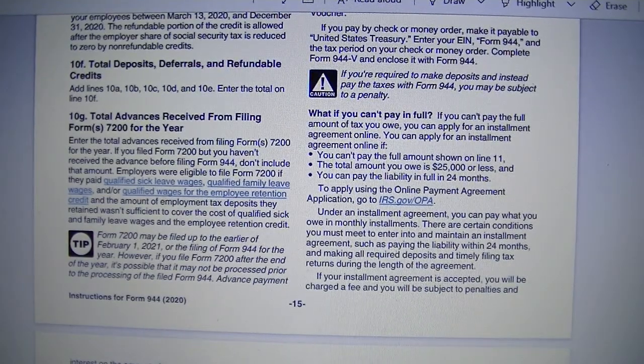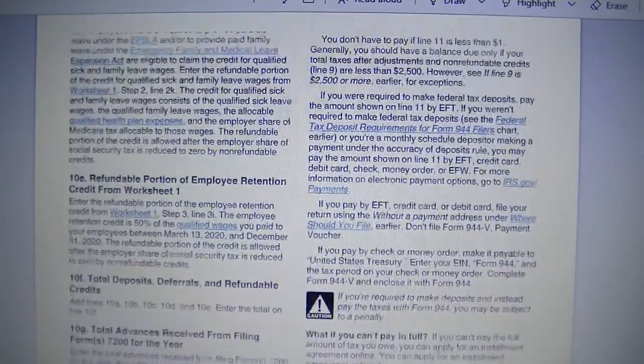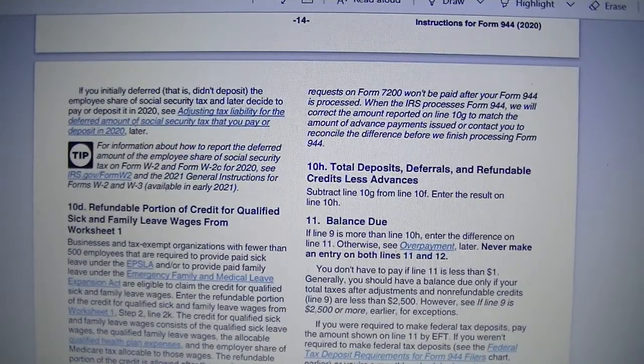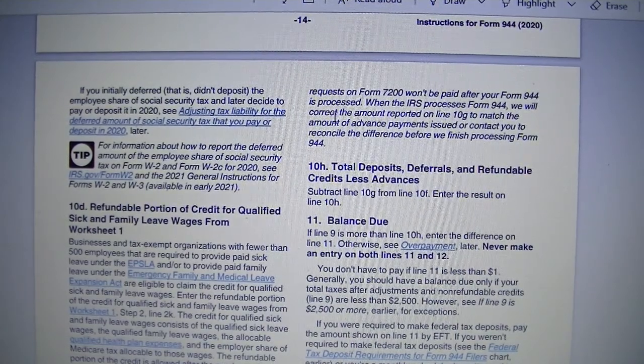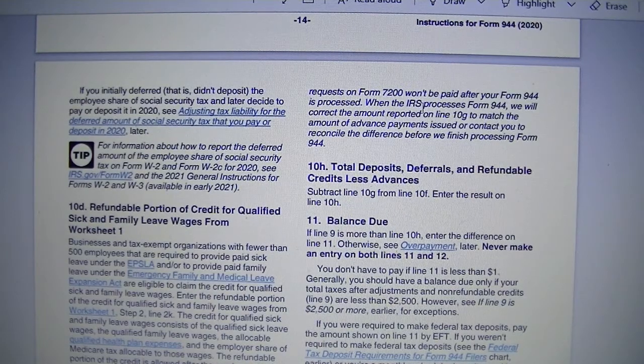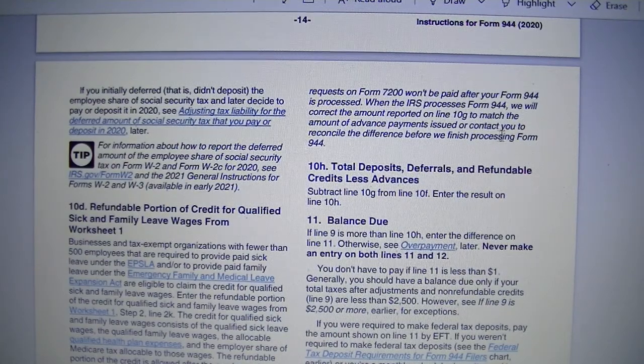Advance payment requests on Form 7200 won't be paid after your Form 944 is processed. When the IRS processes Form 944, we will correct the amount reported on line 10G to match the amount of advance payment issued or contact you to reconcile the difference before we finish processing Form 944.